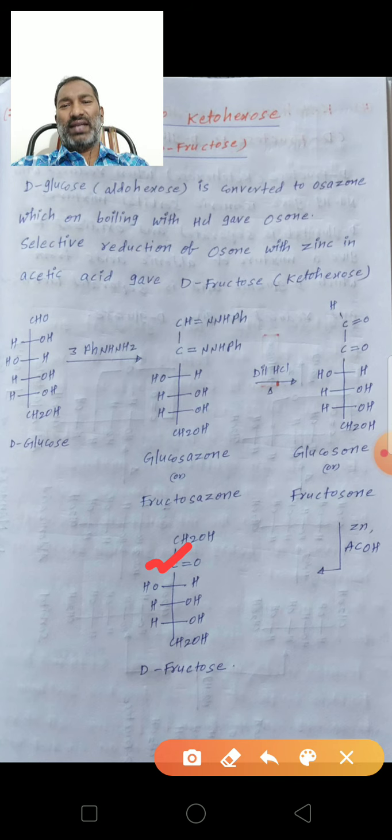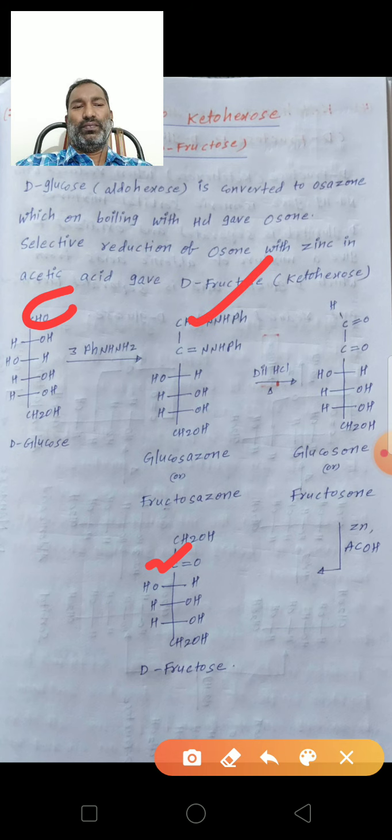So this aldehyde group reacts with the first mole of phenylhydrazine to form a hydrazone, and the second mole of phenylhydrazine reacts with this hydrazone.